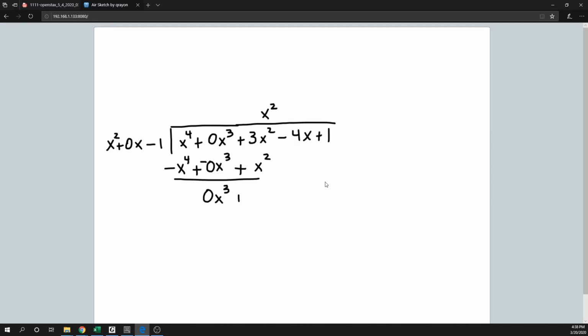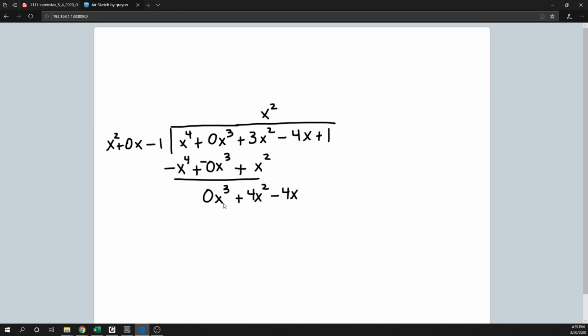All right, and then I get 3x squared plus x squared. That gives me 4x squared, like that, okay? So next what I would do is bring down, right, the next term, which is minus 4x. Like so. All right, and then ask myself, hey, what would I multiply x squared by to get 0x cubed, right?